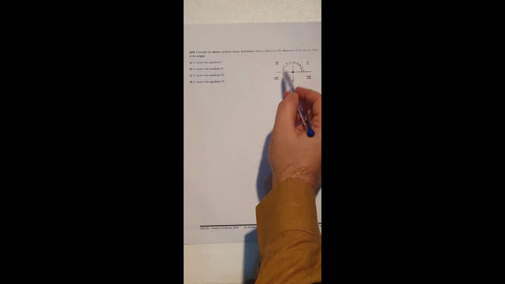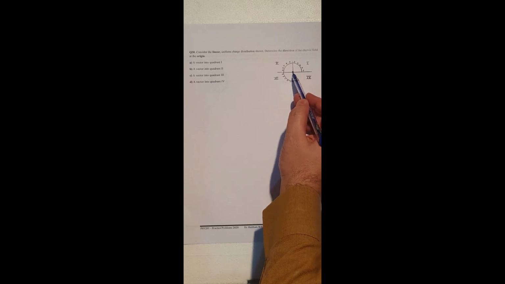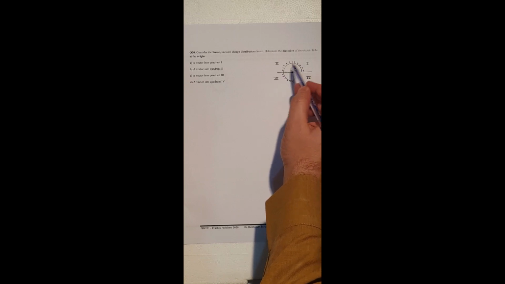electric field direction be in? What we should do in this question, if you remember, we did previously a question regarding a semicircle. So if I see the effect of the semicircle at the center, which way is the electric field? The total, of course, the net electric field of the semicircle.